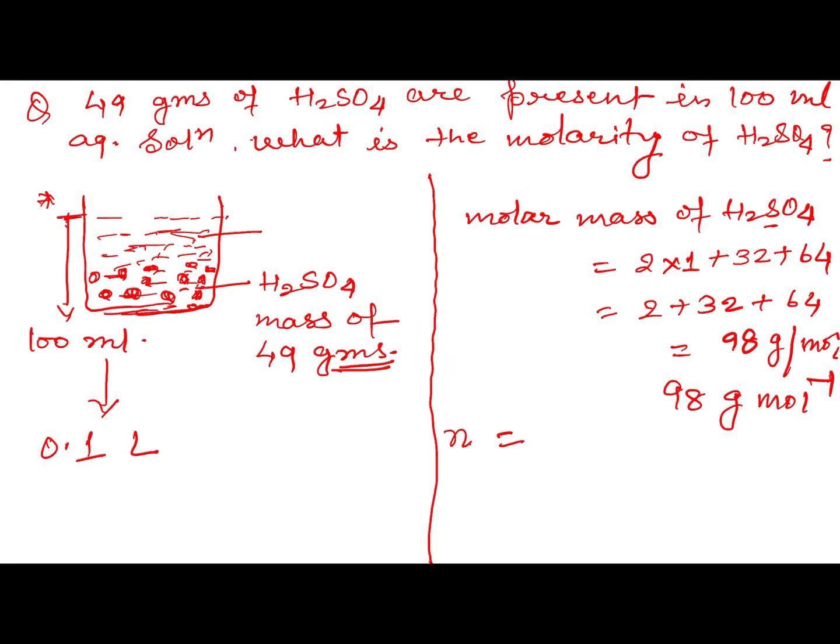That is, mass is given here, 49 gram of sulfuric acid. This is the mass of solute divided by molar mass, 98 gram per mole.